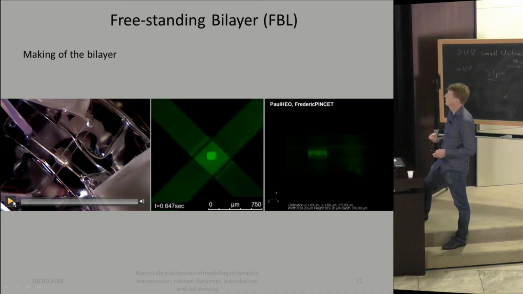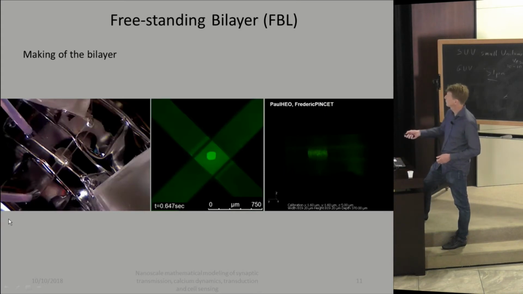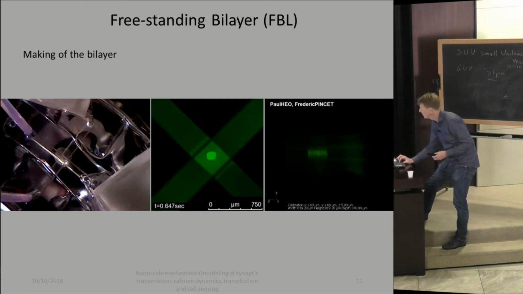So you'll see two things in this movie. This is a bottom channel. Here is a top channel. First, you'll see oil being injected, initially at the bottom, then on top. And then you'll see buffer coming afterwards. The oil is red, the buffer is transparent.